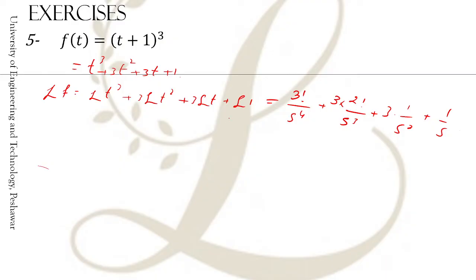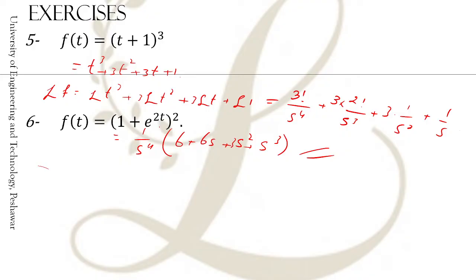This is the Laplace transform of (t plus 1) whole cube, which can be further simplified by taking the LCM of it. s power 4 is the LCM. We may simplify this as 1 over s power 4 times (6 plus 6s plus 3s square plus s cube). This is the Laplace transform of (t plus 1) cube.